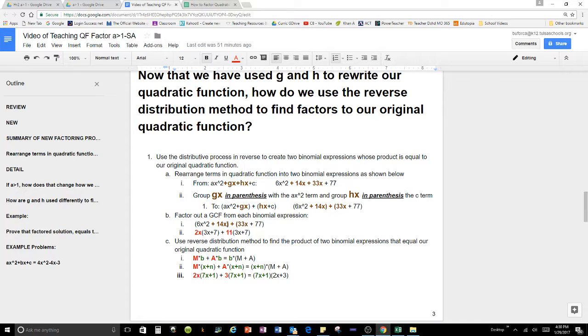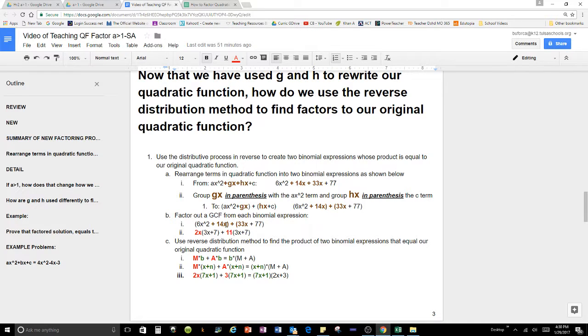That's what we call the greatest common factor: you want to pull out the largest number that's common to all of these terms. So 2x is the greatest common factor for this binomial, because you can pull an x from this term and an x from this term.